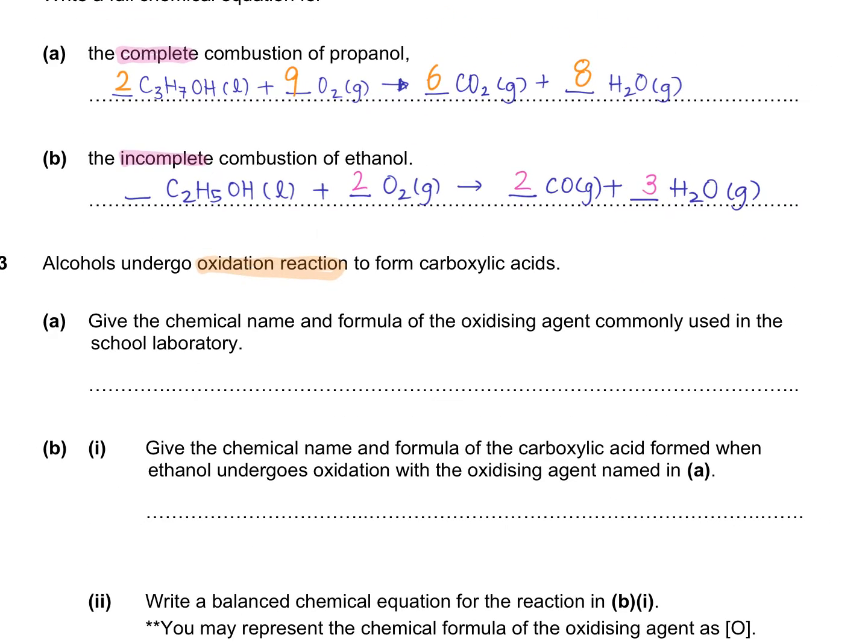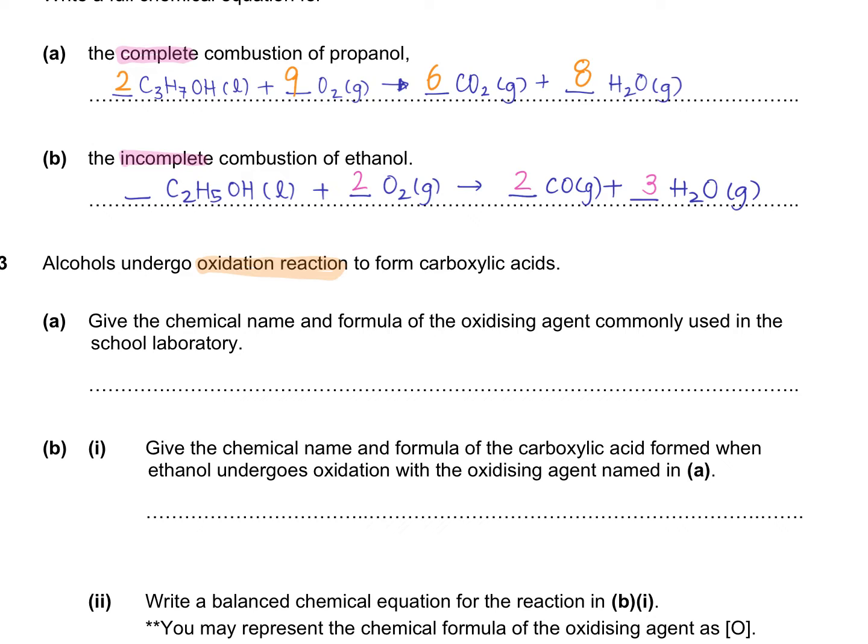Okay, so for part A, name the reactant that is commonly used in the lab to carry out the oxidation process. What is a common oxidizing agent you have studied under redox? A very long name.